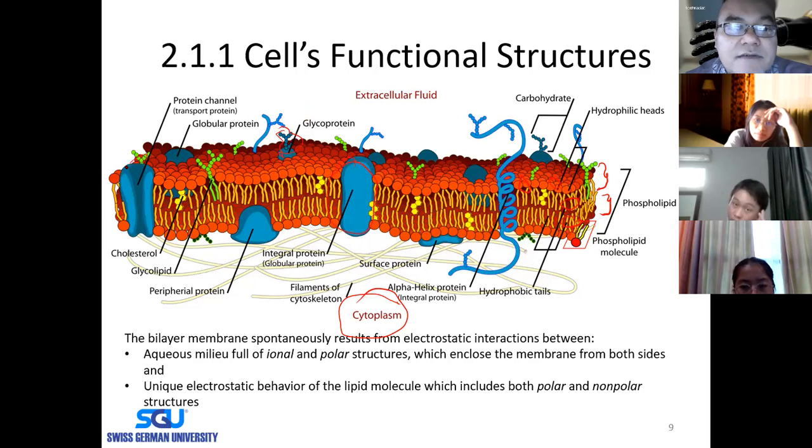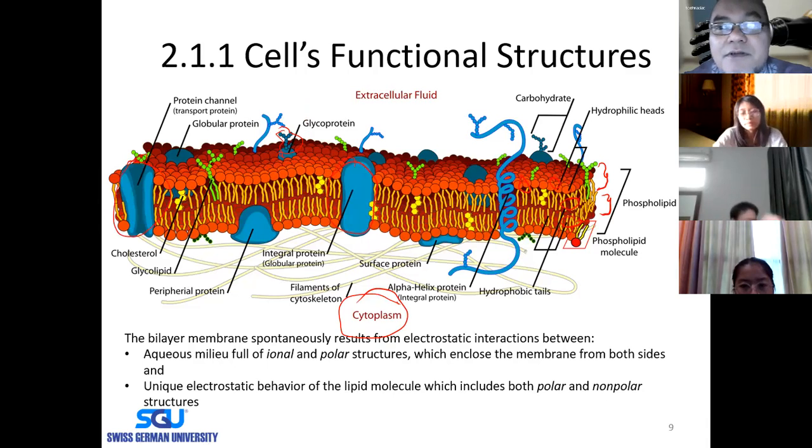It also contains this protein channel, which is responsible for transporting ions from and to the cells. The ion exchange between the intracellular part of the cell and the extracellular part is responsible for the electric generation, the ionic signal generation.